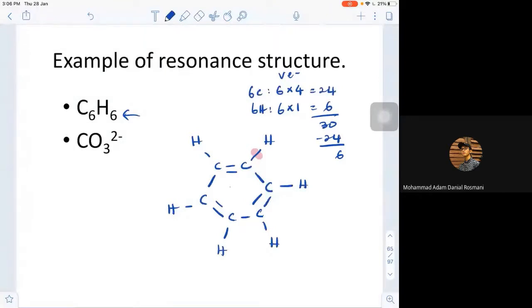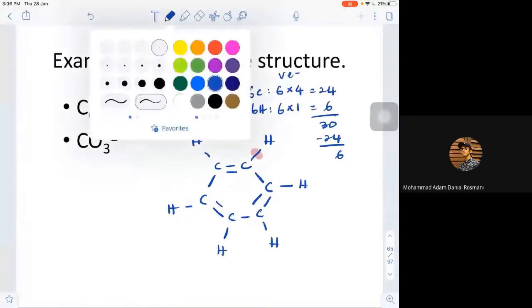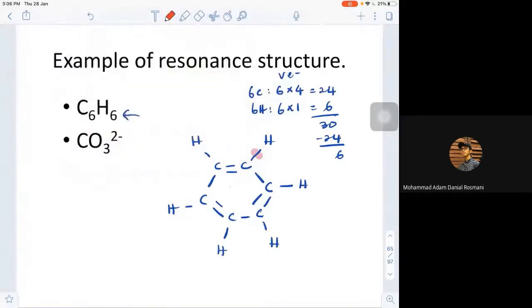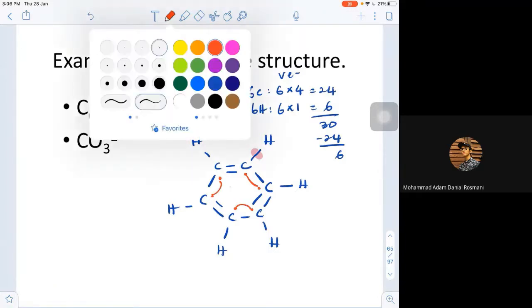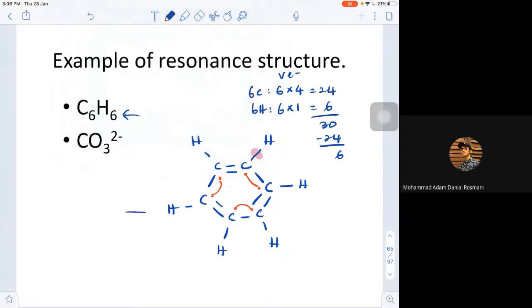It is also possible, if we remember just now, each carbon has 1 electron, that this one is paired with this one, this one pairs with this one, and this one pairs with this one. We have the second possible structure of the benzene, like this.